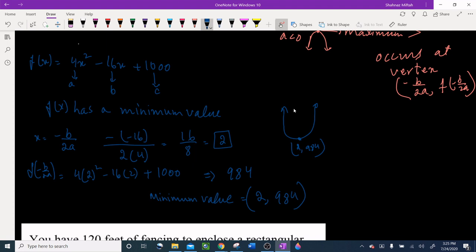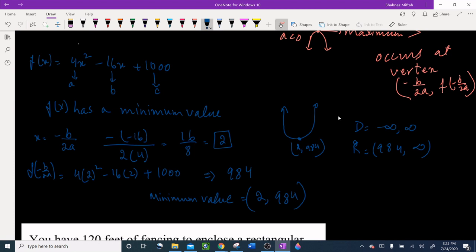Every quadratic has a domain of negative infinity to positive infinity. What is the range? Range means y value, so I'm starting at y value 984 to positive infinity. That's my range. That's how you find it for the quadratic.